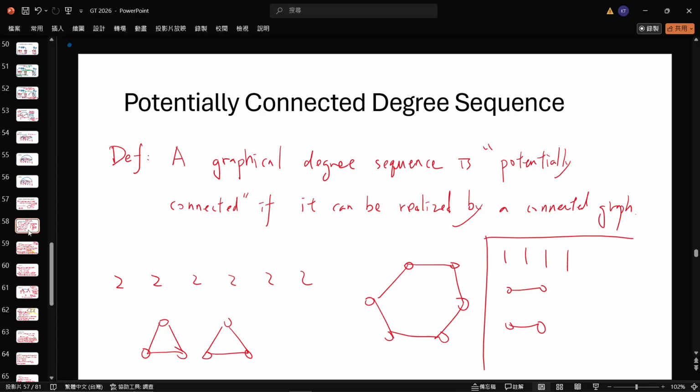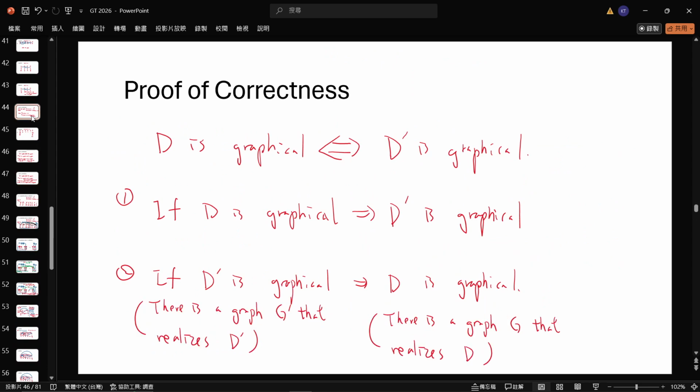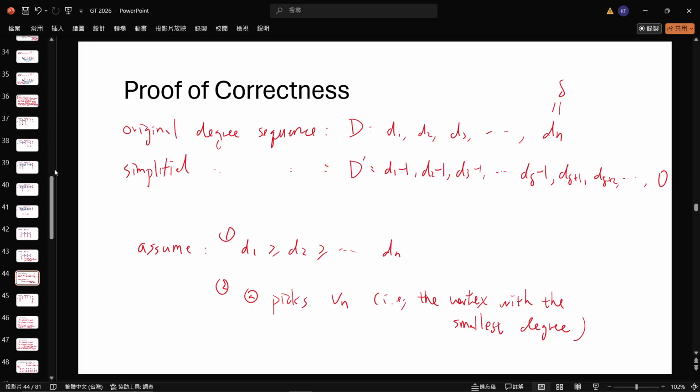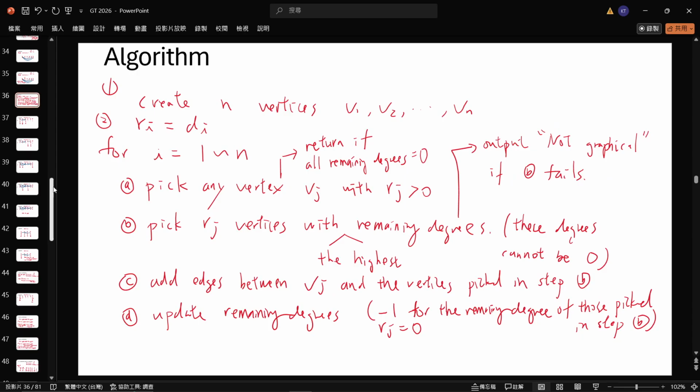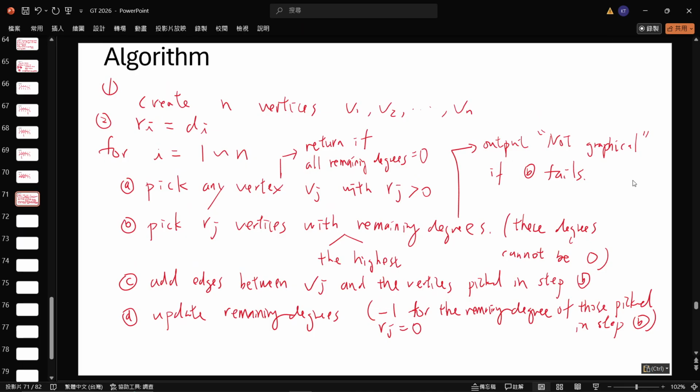So let me modify the algorithm. Okay, so yeah, just a small modification.